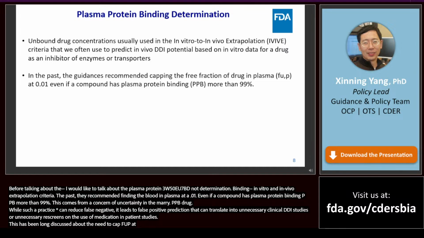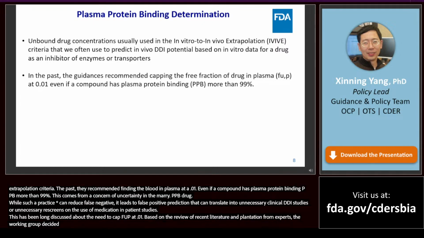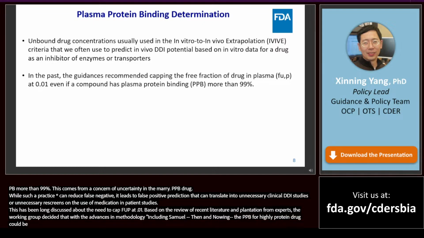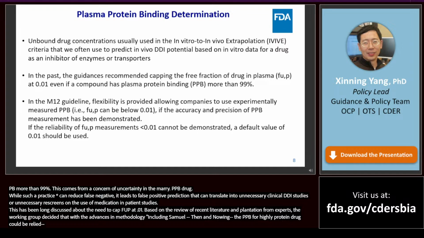Based on the review of recent literature and the presentations from experts, the working group decided that with the advances in methodology, including bioanalytical methods, the PPB for very highly protein-bound drugs could be reliably measured. So in the M12 guideline, flexibility is provided, allowing companies to use experimentally determined PPB.